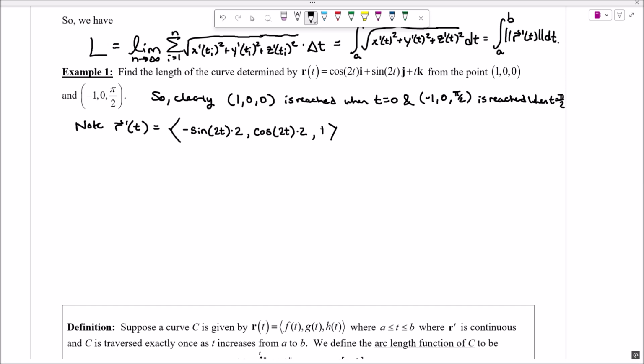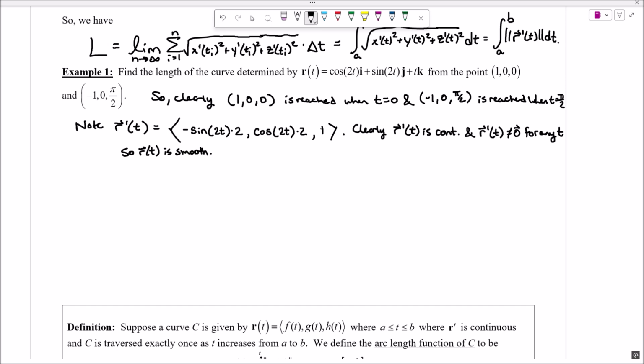So I'll say here again that clearly r prime of t is continuous, and r prime of t does not equal the 0 vector for any t, so r of t is smooth.